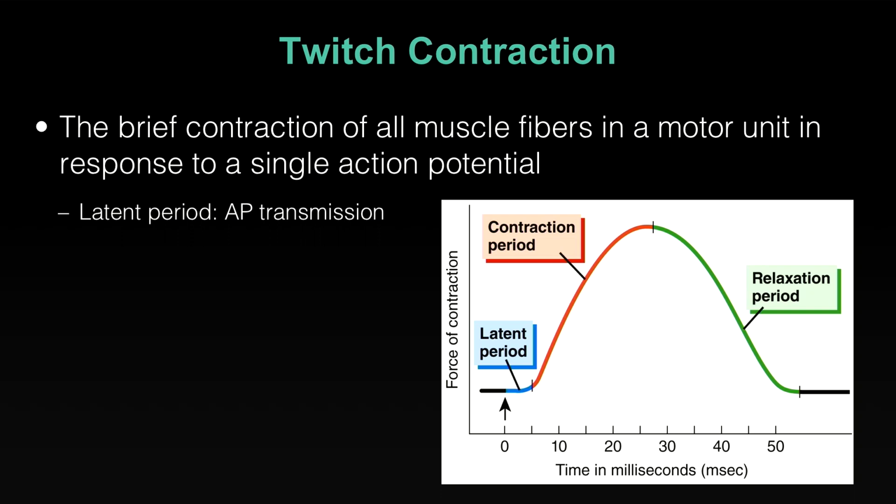It's washing over the sarcolemma and down the transverse tubules. It's activating the sarcoplasmic reticulum to release calcium. But nowhere in there has the muscle started to contract yet. There's a small delay between the signal arriving and contraction happening. That's the latent period.